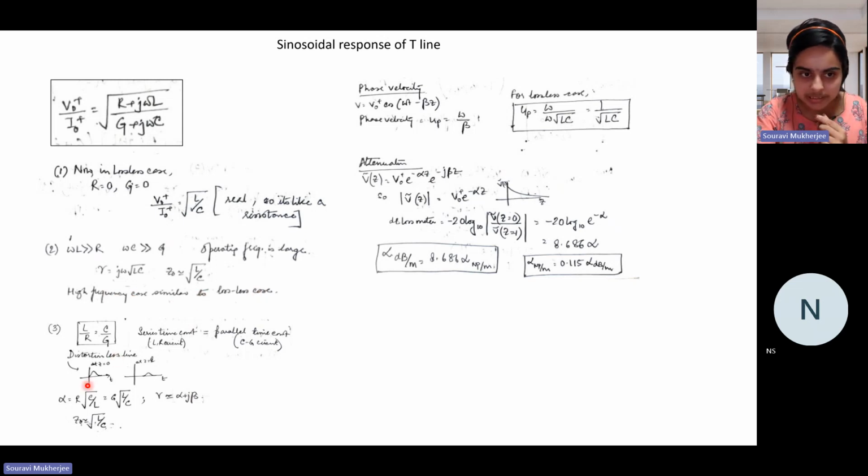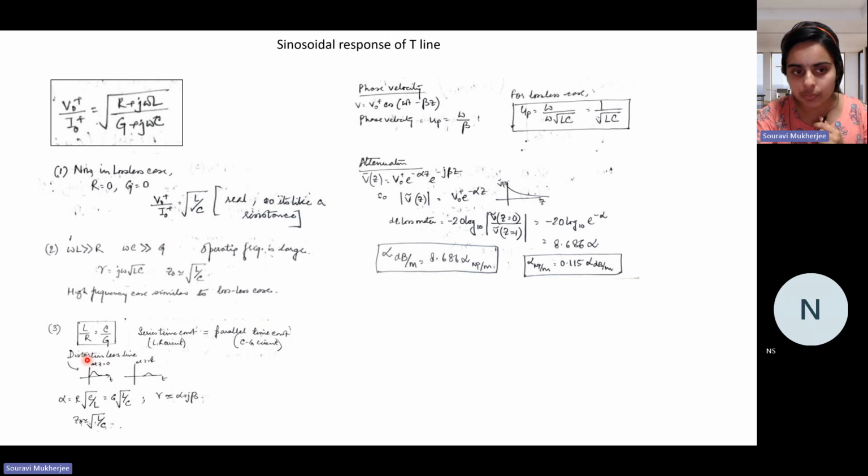Another important thing is the distortionless line. So what it means is that if you start with some waveform at z equal to 0 at the source, then at some distance along the transmission line, if you look at some point at z equal to L, there can be attenuation and there can be phase lag, there can be a delay, but the form of your signal remains undistorted.